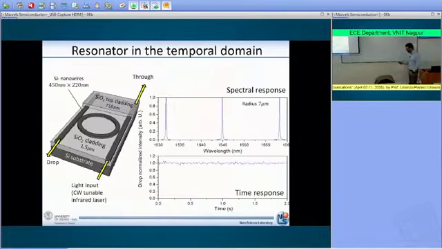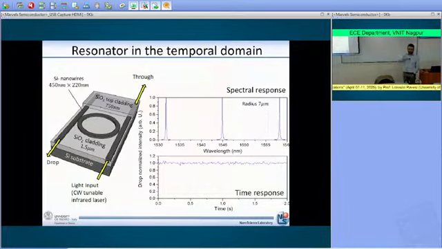So here we have the microring resonator, and this is the spectral response of the microring resonator. Okay, the radius was 7 micron. So you have several peaks because of the different resonances. But now if we look at the actual measure, the temporal response of the microring resonator, if you are in a situation where you are coupled with a microring resonator, you see a constant signal.